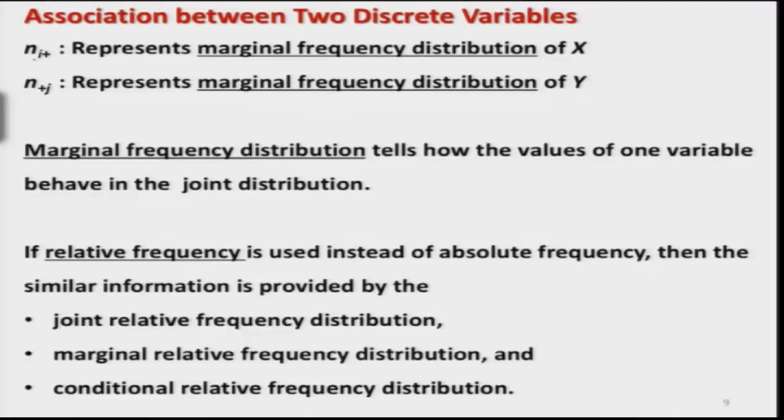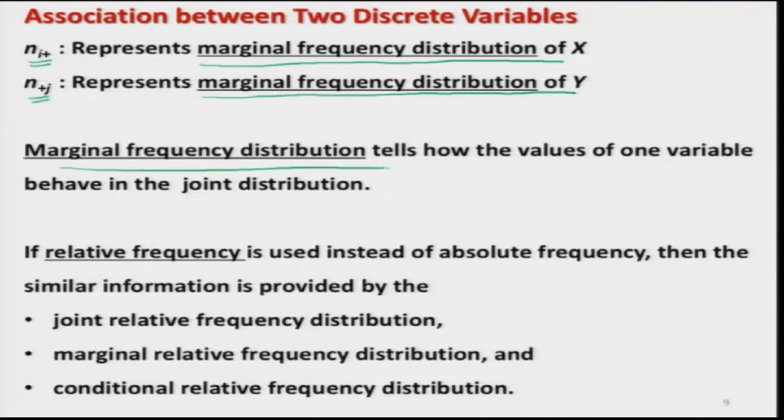Now, the next symbol here, Ni plus, was the sum of the frequencies, and similarly N plus j was again the sum of the frequencies in rows and columns. So, these values represent the marginal frequency distribution of x and the marginal frequency distribution of y. What does this marginal frequency distribution tell us? The marginal frequency distribution tells how the values of one variable behave in the joint distribution of x and y.